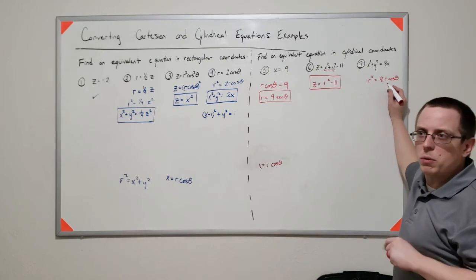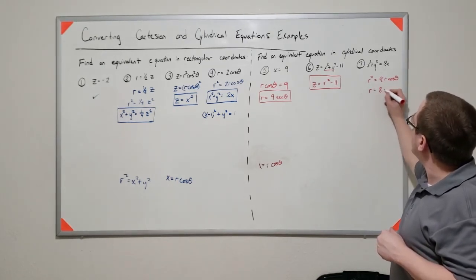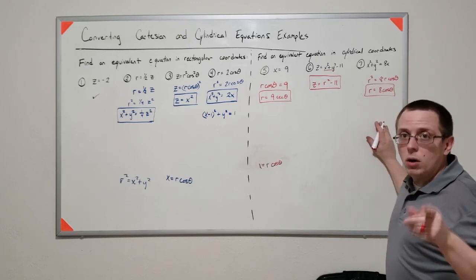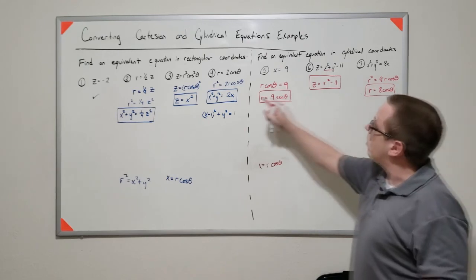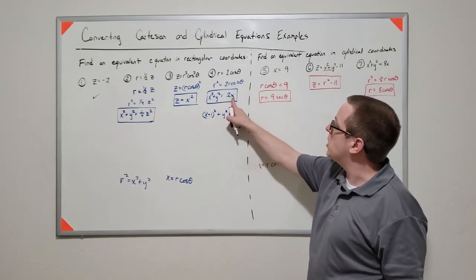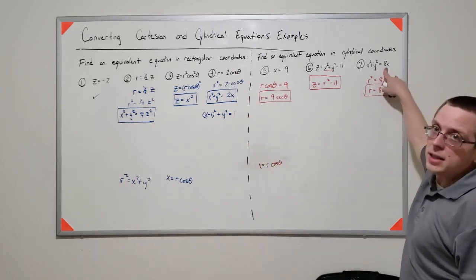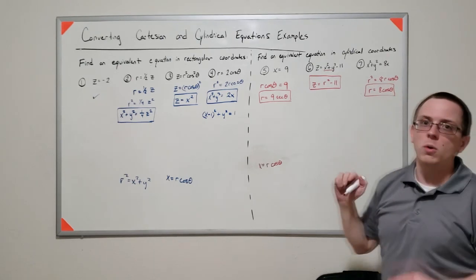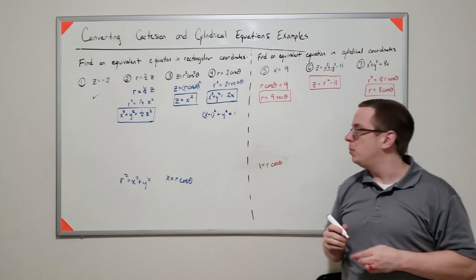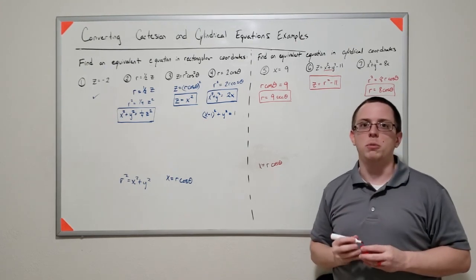And then I could probably divide by r without too big of an issue. r equals 8 cosine theta. Or we could look all the way over here and say, well, when I had this equation with 2 times x, it turned into that equation. 8 times x turned into that equation. So use the fact of going back and forth to help you understand a little bit about how to traverse between these types.